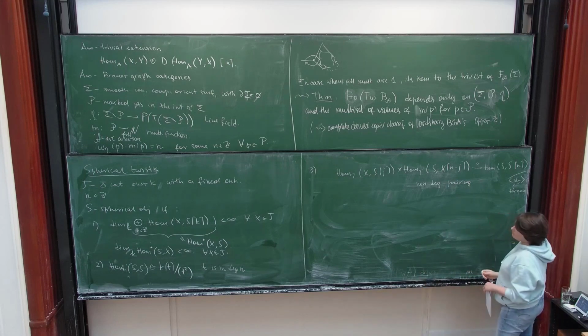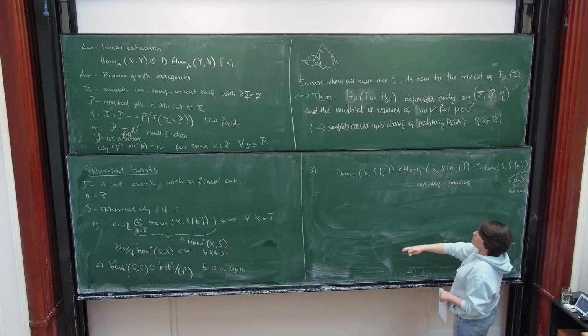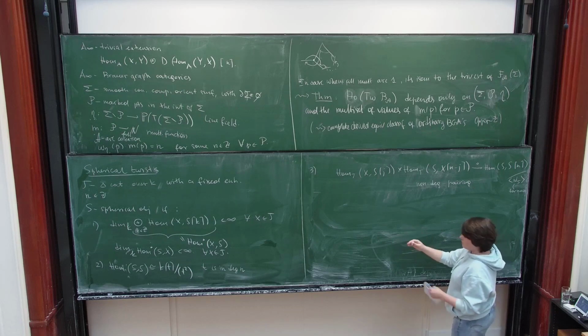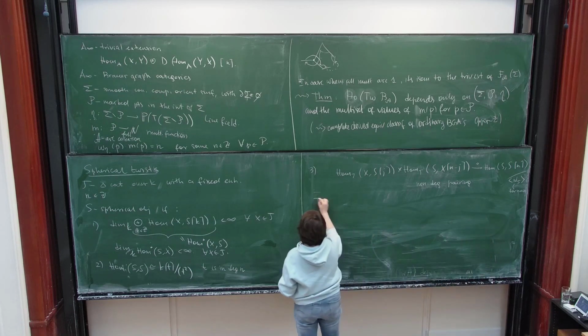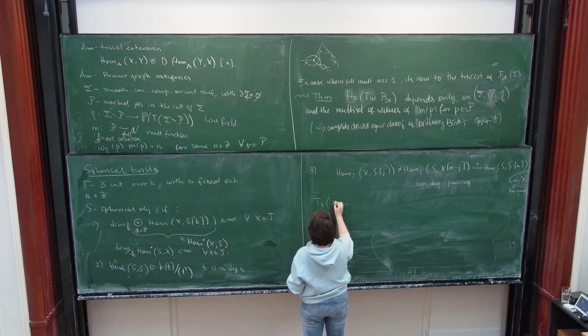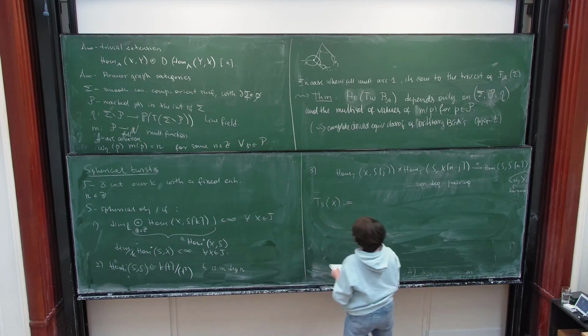Okay. So this is the definition of a spherical object, and from that one can construct an auto-equivalence, which is a spherical twist.